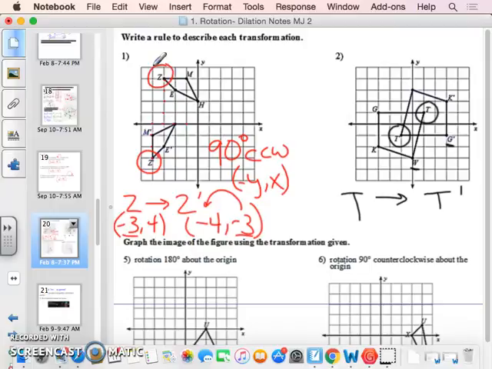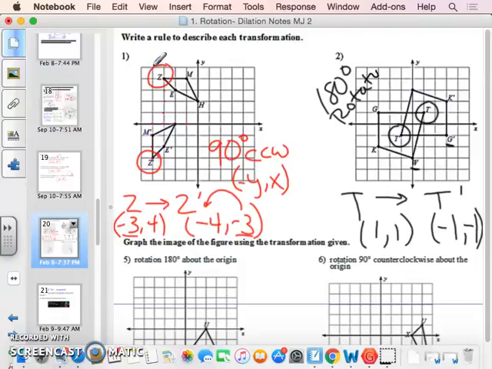The coordinates for T are 1, 1. The coordinates for T prime are -1, -1, and I can say that this is a 180-degree rotation. The rule is -x, -y. So that's what's going to be required on the homework.